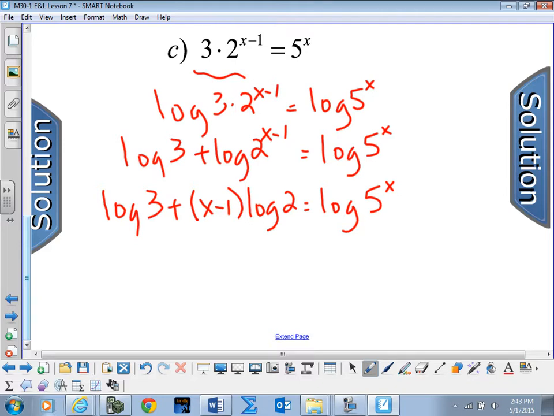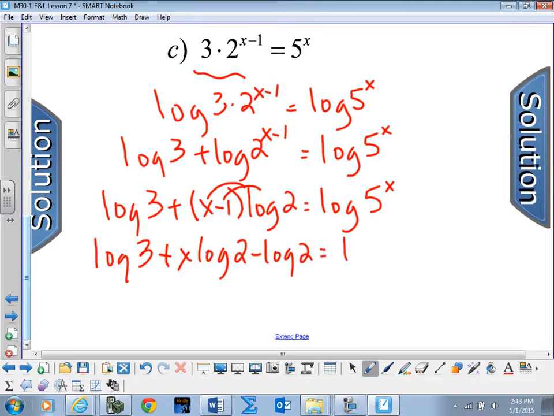We need to distribute it. So I'm going to distribute the x and the minus 1. Distribute, or just move the exponent x to the front on the right side.